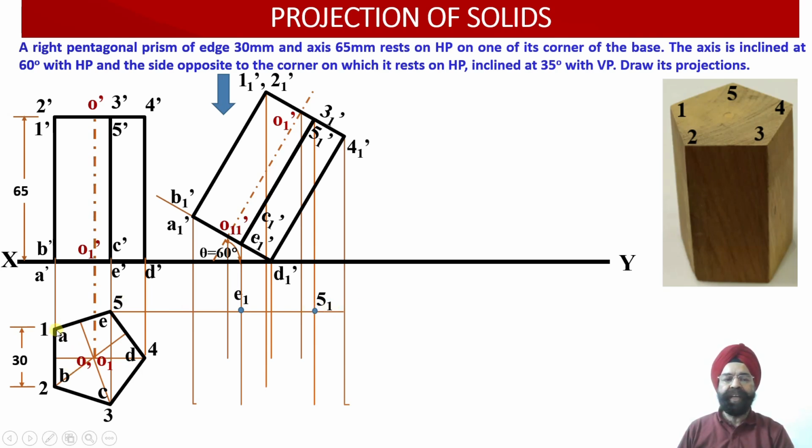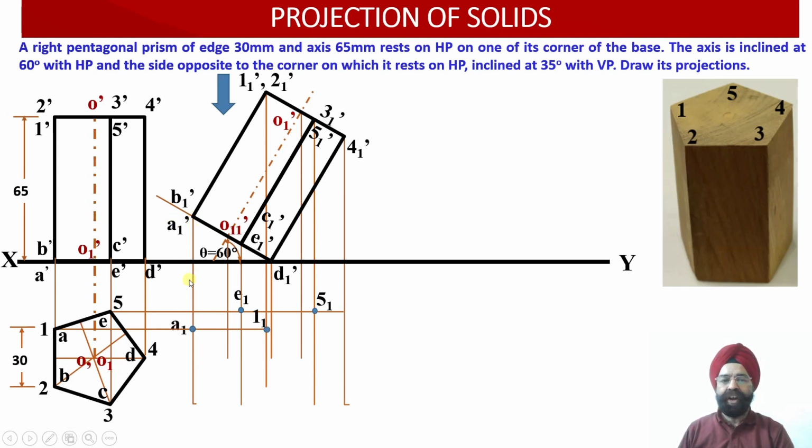Now the next point which is available with us is 1 A. So from 1 A, again we have drawn a horizontal projector line. Now we are going to extend this horizontal projector line till it is intersected by vertical projector lines drawn from 1 1 dash and A1 dash. Here we can see this point is A1 dash in the front view elevation.